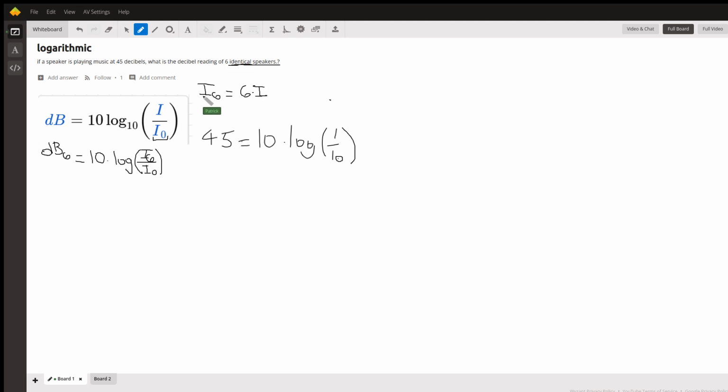So we're going to plug that into the equation for dB6, and you will see something interesting here. dB6 is equal to 10 times the log of, no longer I6, but 6 times I over I0.